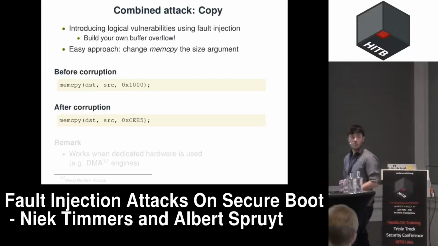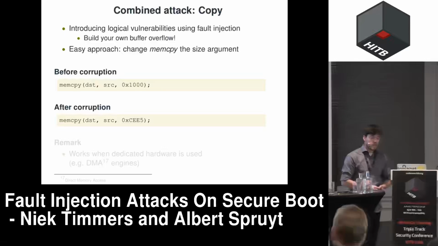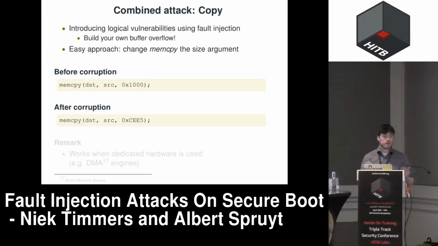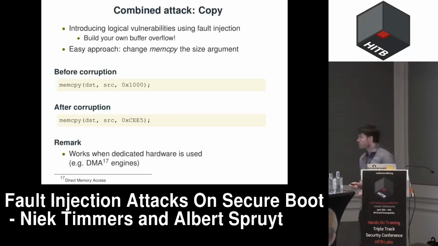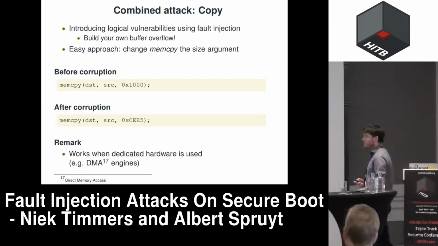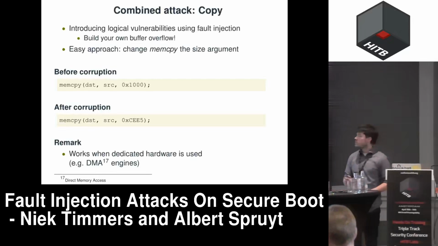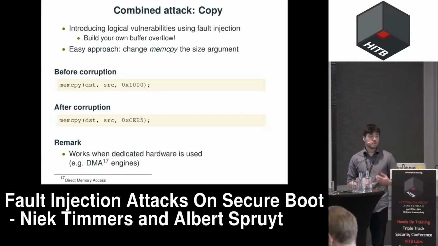Hopefully we're going to overwrite some critical variables, for instance the stack perhaps, and we'll be able to introduce our own data and then execute our own code. The nice thing about this attack is that it actually works even when dedicated hardware is used. In this example we've used memcopy, but this also works, for instance, if a call to a DMA engine is used.